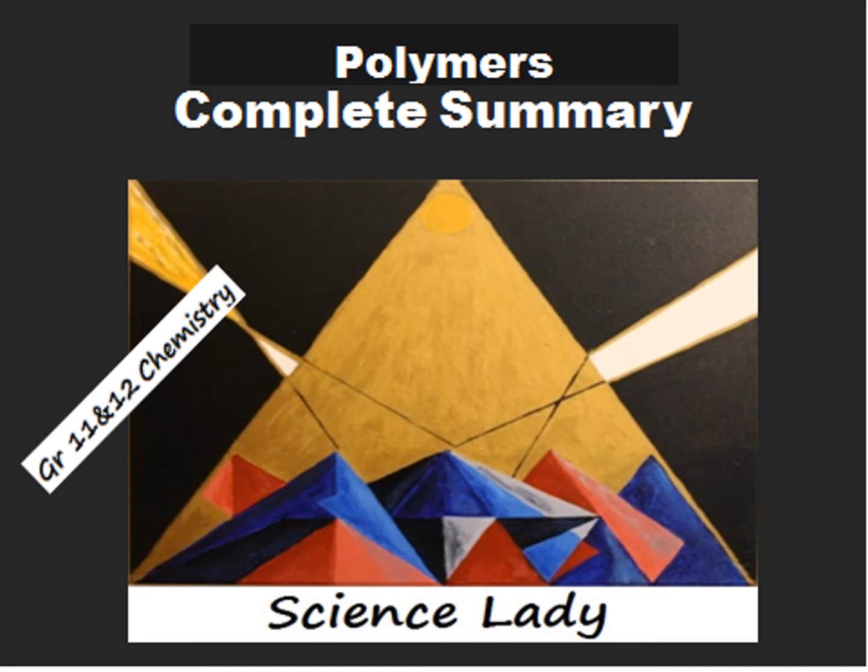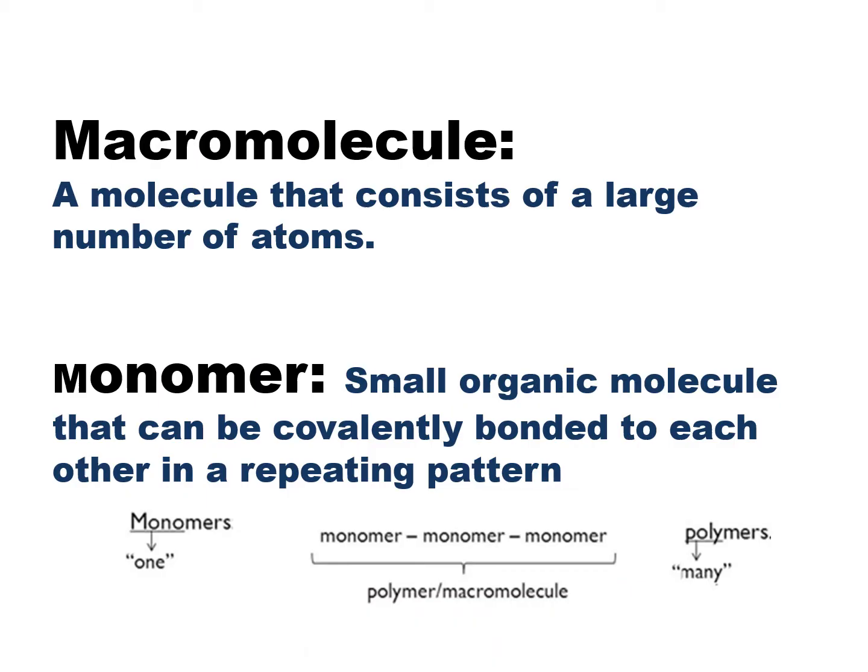Today's topic is polymers, a complete summary. We start this topic by knowing what is a macromolecule and what is a monomer. A macromolecule is a molecule that consists of a large number of atoms.